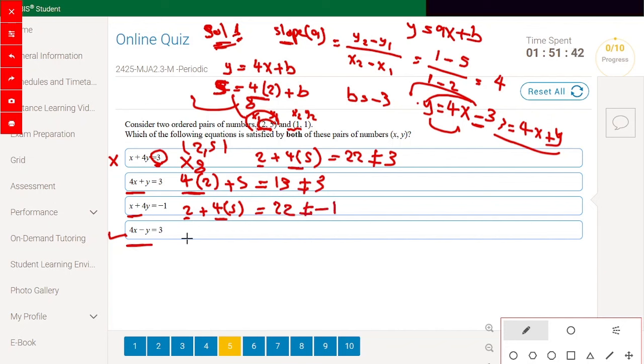Let's take this one. So here 4 multiply 2 minus 5, it's 8 minus 5 equal to 3, which is the right answer. So this will be the equation for these 2 points.